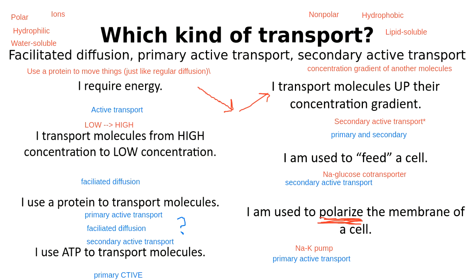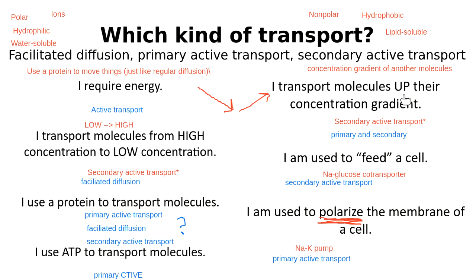So we could put secondary active transport again with an asterisk over here on high to low, because the way that secondary active transport works, somebody goes down their concentration gradient so somebody else can go up. So yeah, great question. I'm glad you reminded me about that, Jacqueline. And she had mentioned earlier when we were discussing things, check that out on the homework assignment, because I do ask you, do both things move up their concentration gradient?